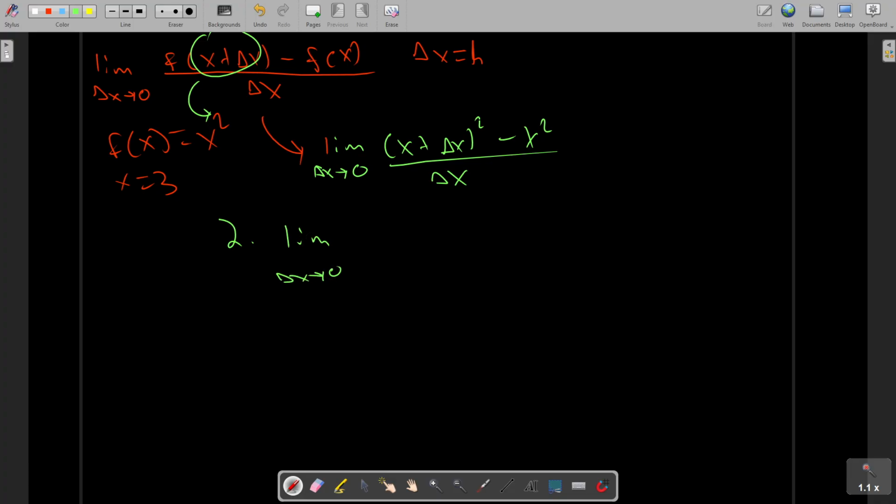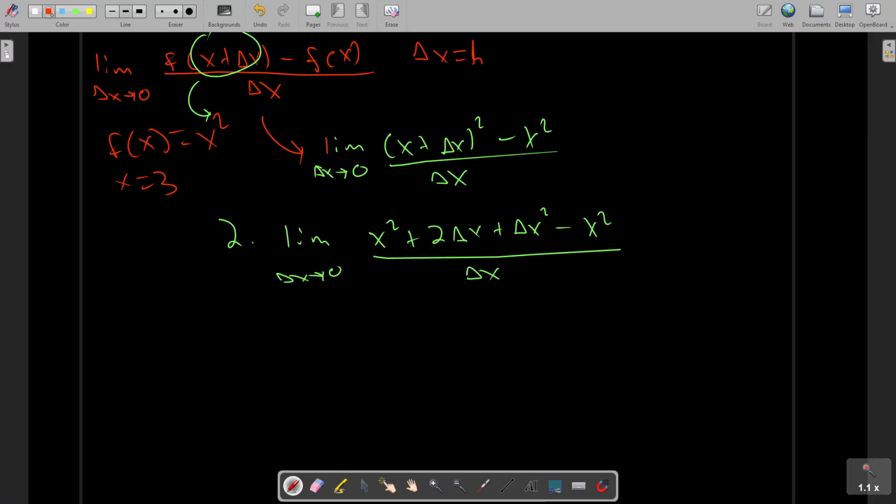Now let's expand this out. So take a minute and think of the expansion. Okay, so when that's expanded, it will be x squared plus 2x delta x plus delta x squared minus x squared over delta x.